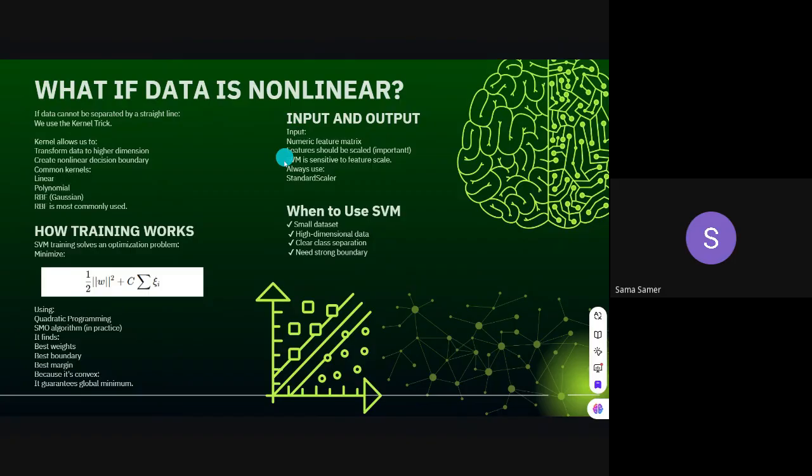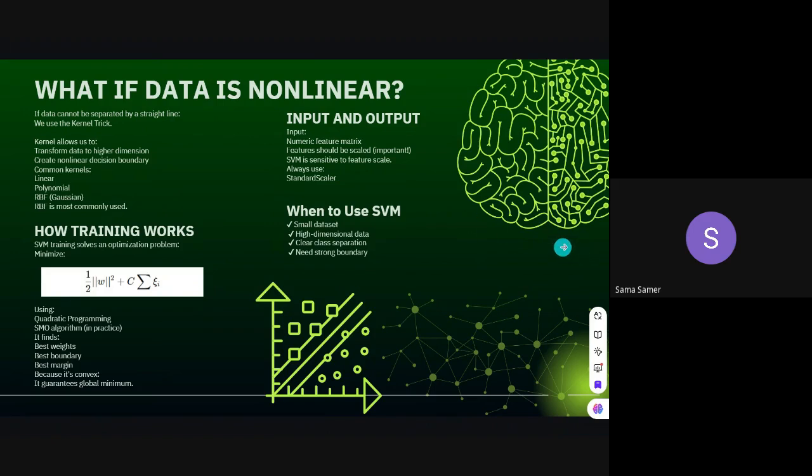You must scale your data with one of these methods. For an SVM, the features should be scaled before fitting, because SVM is very sensitive to feature scale. Always use a standard scaler, but for some problems you can use min-max normalization.